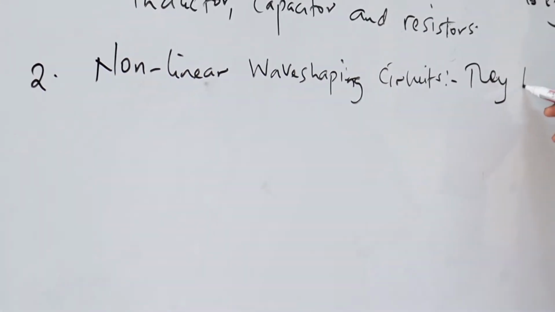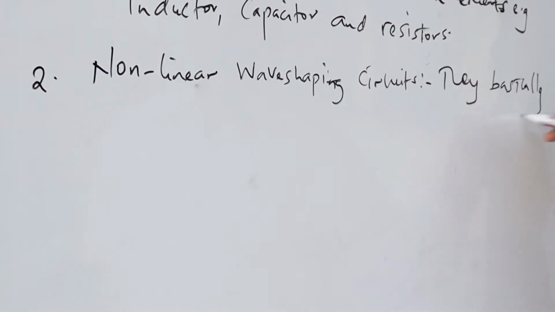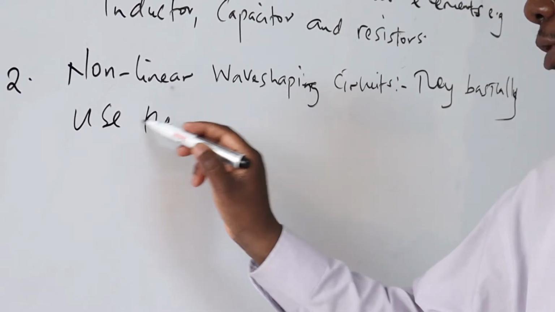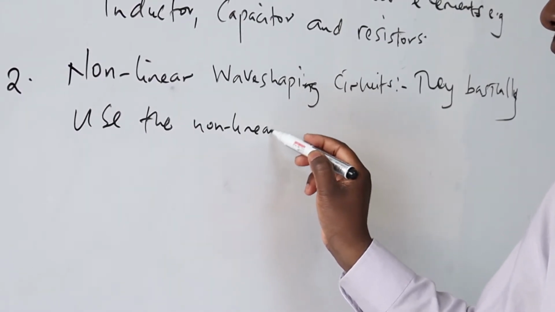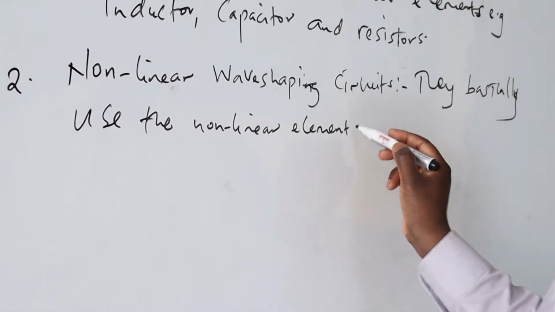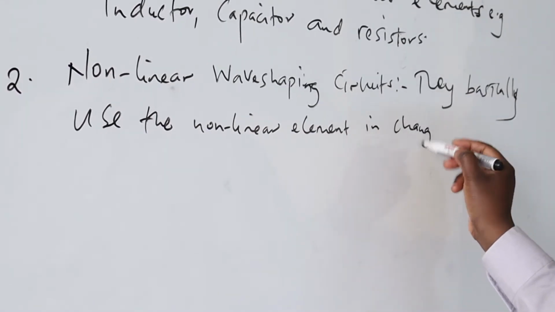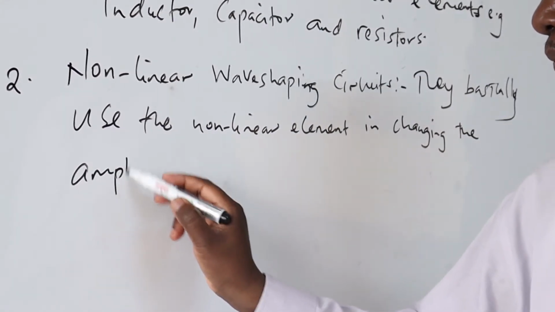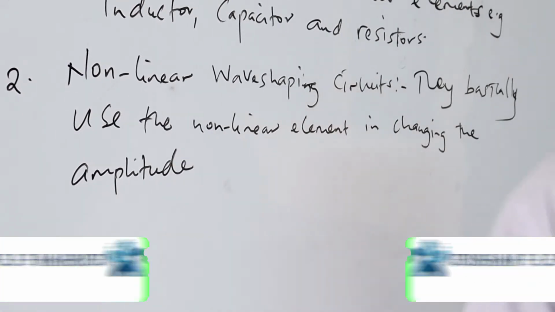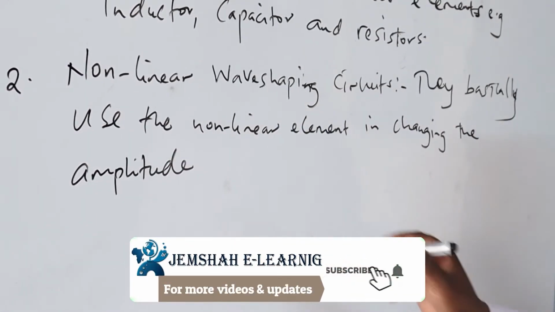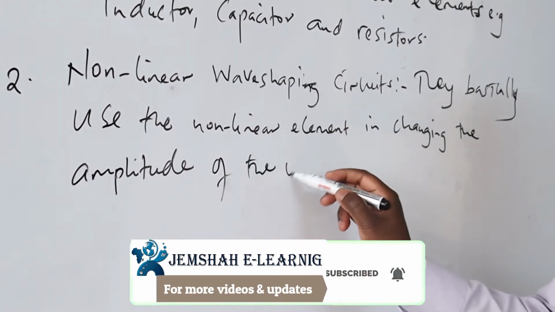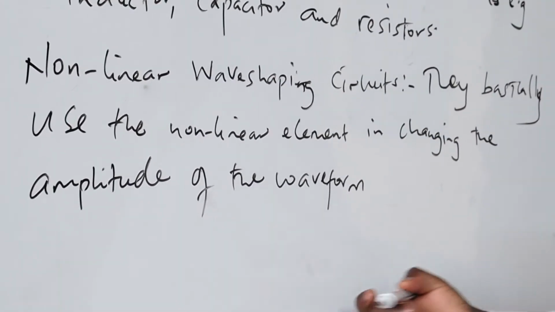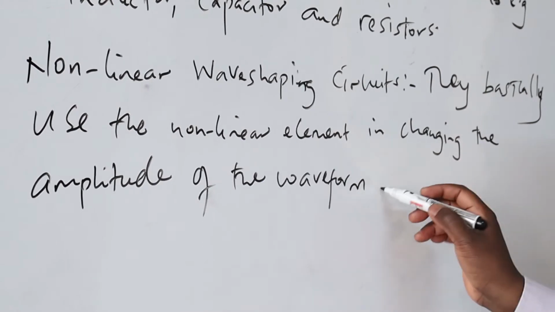They basically use nonlinear elements in changing the amplitude of the waveform. An example of this is a diode.